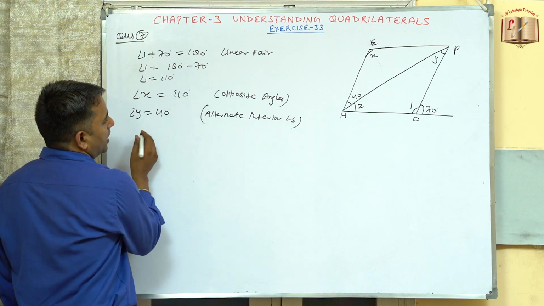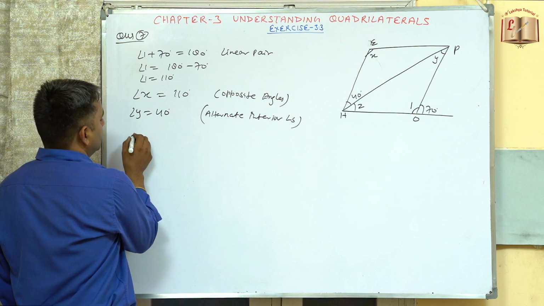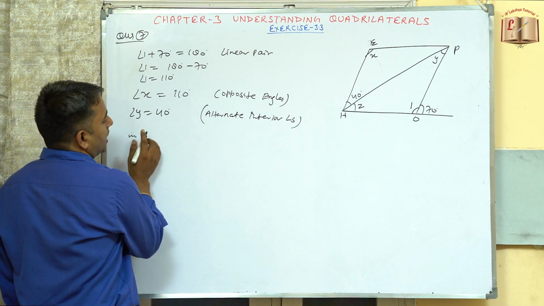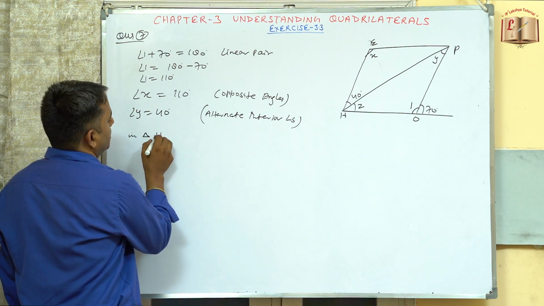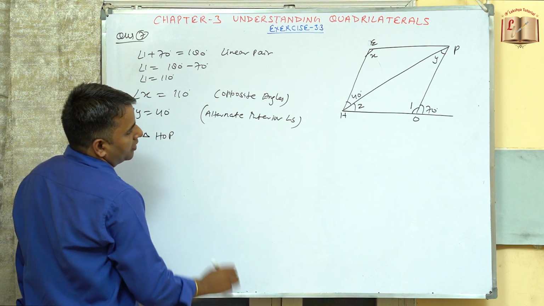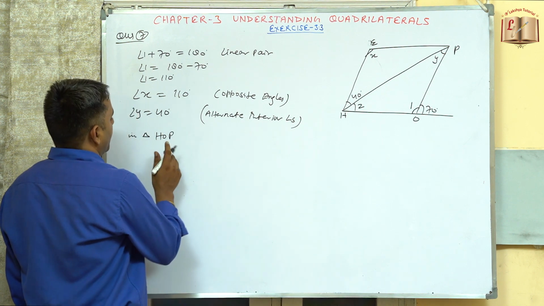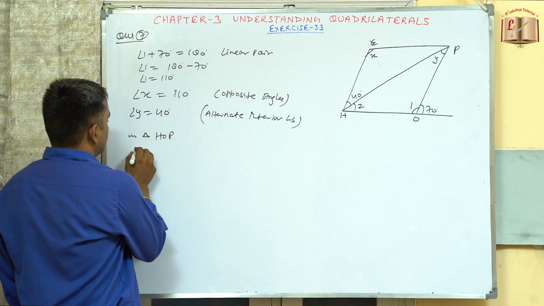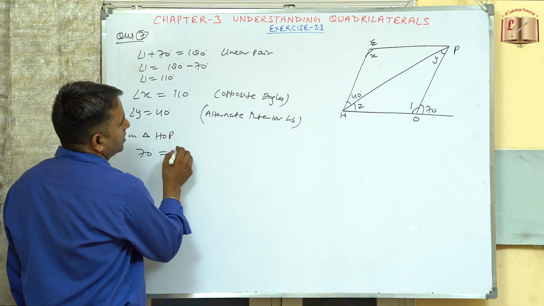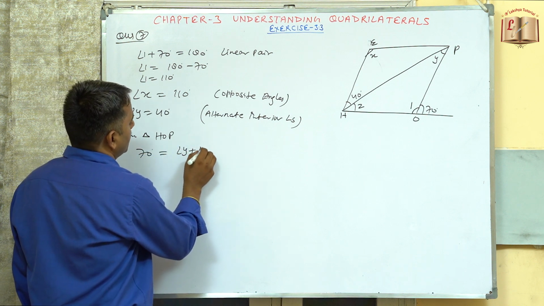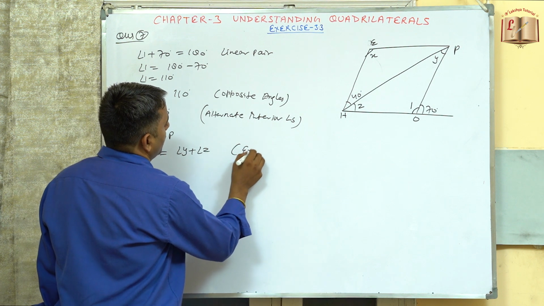So this can be found in this triangle, triangle HOP. Now in triangle HOP, 70 degrees is equal to angle y plus angle z, since this is the exterior angle.